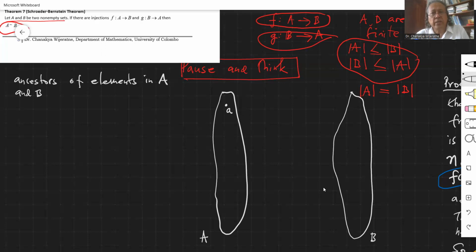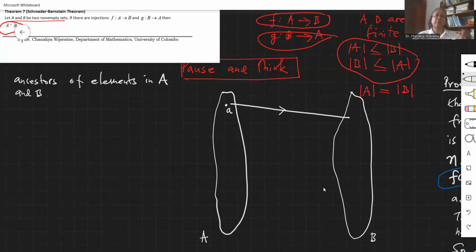Here we go back via the function g. We have f from A to B and g from B to A, so we can use f and g. We have to go back using f inverse or g inverse, right?